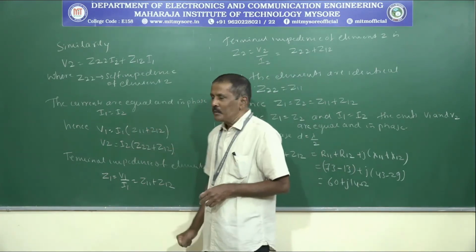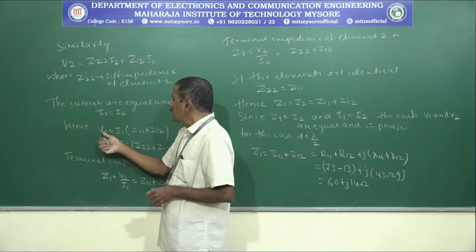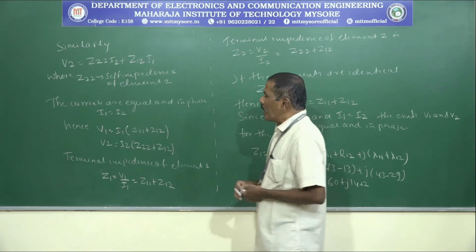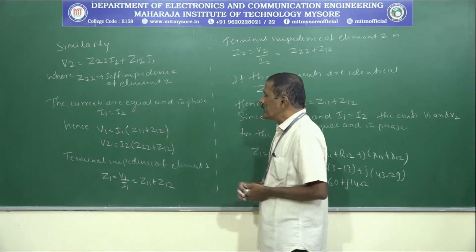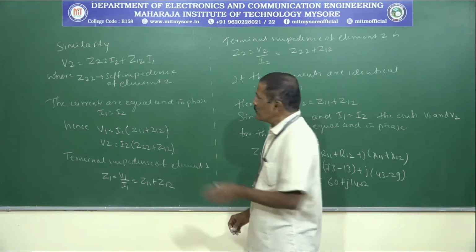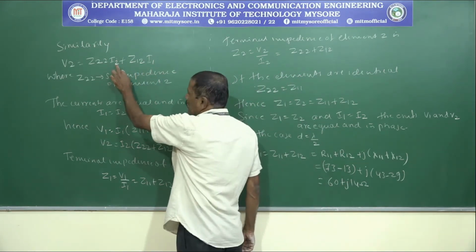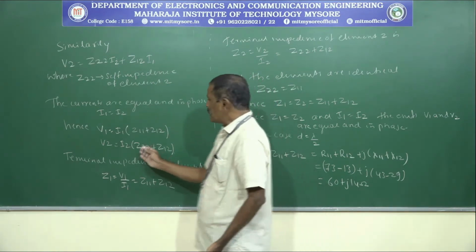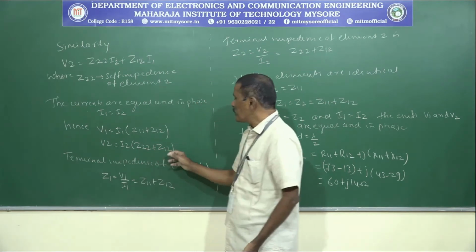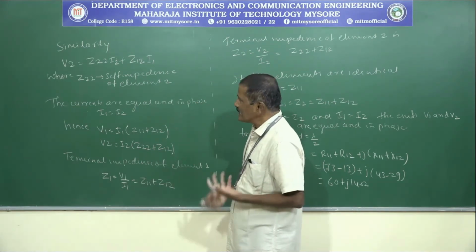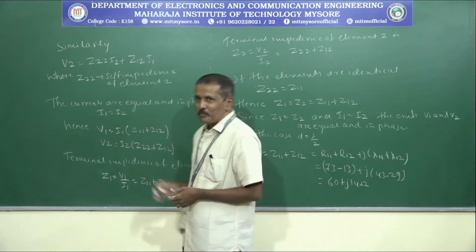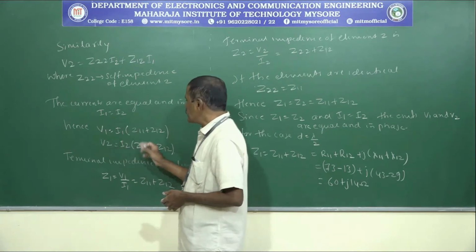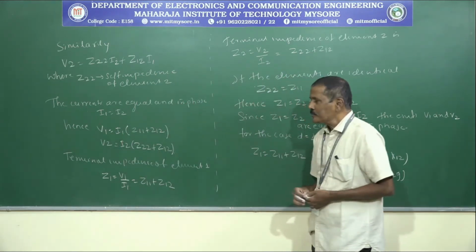When I1 equal to I2, we can write V1 equal to I1 into Z11 plus Z12 and V2 equal to I2 into Z22 plus Z12, because here also I1 equal to I2. Taking I2 as common, it becomes Z22 plus Z12. In the previous equation, as I1 equal to I2, V1 equal to I1 into Z11 plus Z12.